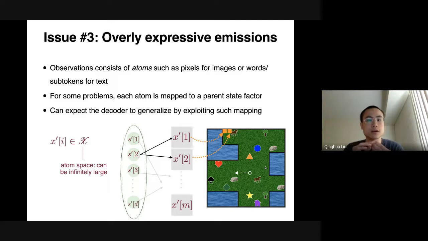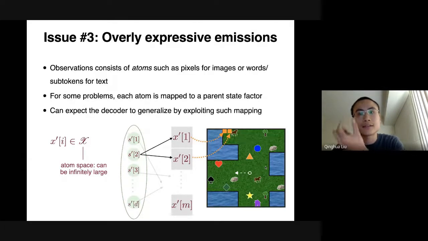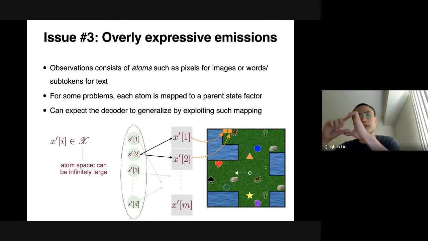This assumption essentially guarantees each state factor can be decoded from its children items. In this picture, you can see each patch of this image corresponds to a latent state, and this small patch of image is the items corresponding to this single latent factor. So this is a motivating example for making this assumption.